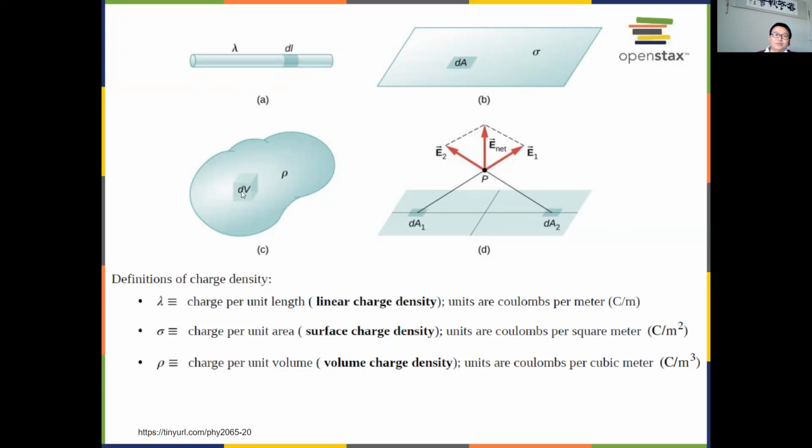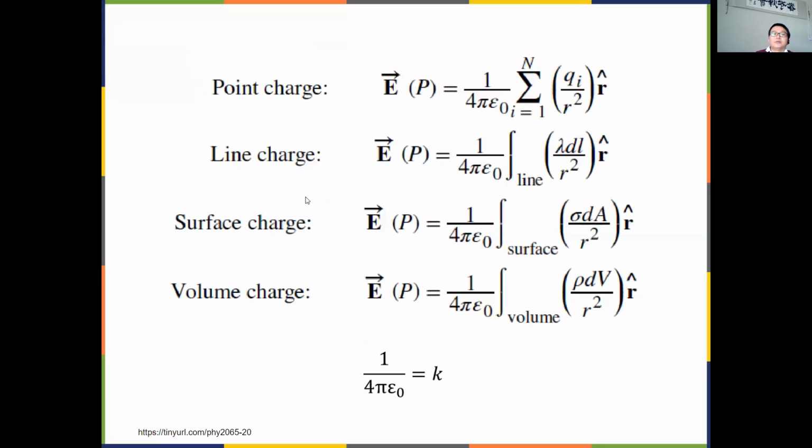The charge in that small piece of the volume is rho times dV. After you have done that for each scenario, you can do an integration through the line, through the surface, or through the body to get your overall electric field at the particular point P.